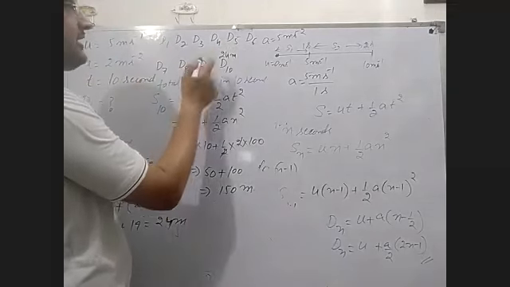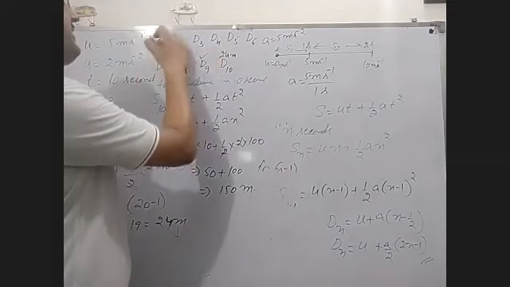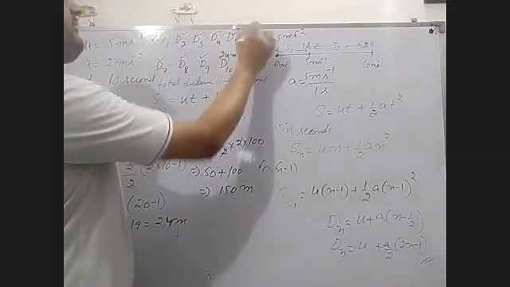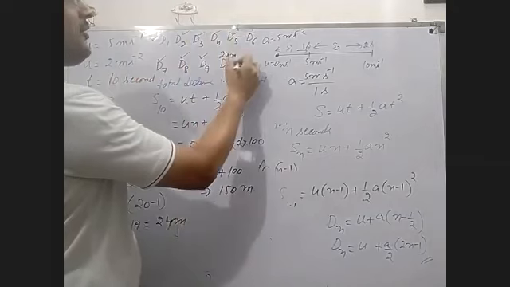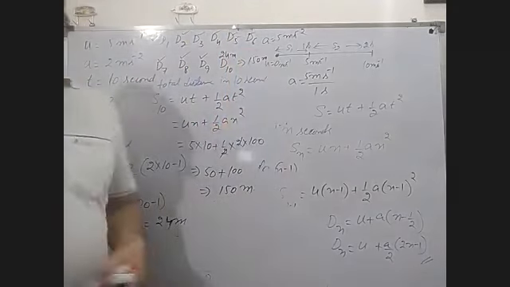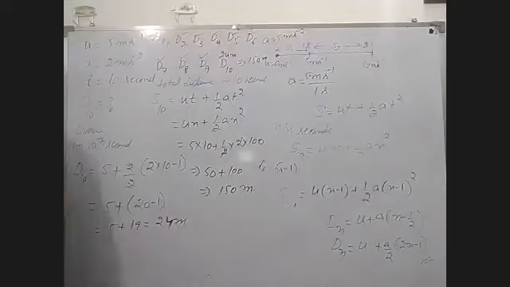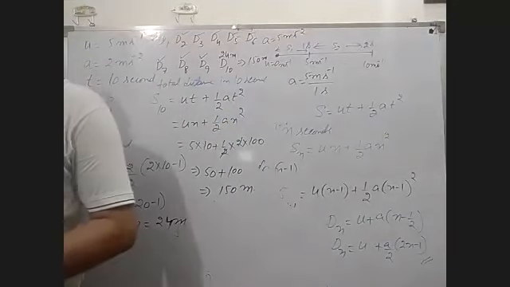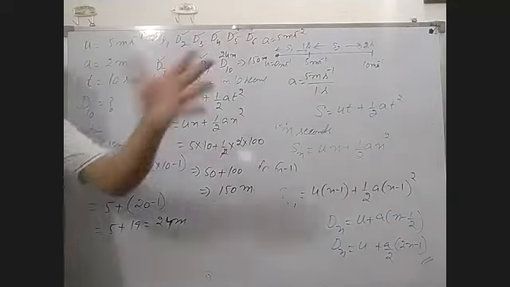Similarly, you can calculate the values of d 9, d 8, d 7, d 1, d 2, d 3, d 4, d 5, d 6. And the total, as you know very well, will be 150 meters in 10 seconds. You can do this. This is your home assignment.